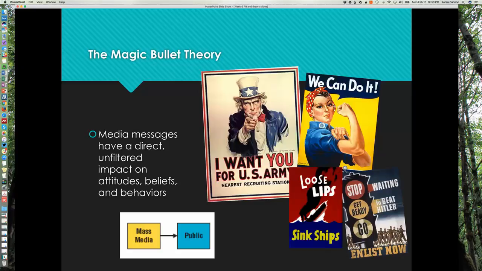But the assumption was that you saw these messages and that you then adopted the attitude or adopted the perspective of that particular message. You didn't necessarily take into account as a researcher at this time that there may be other factors other than this mass media message that went into people's, for example, support of World War I, World War II.